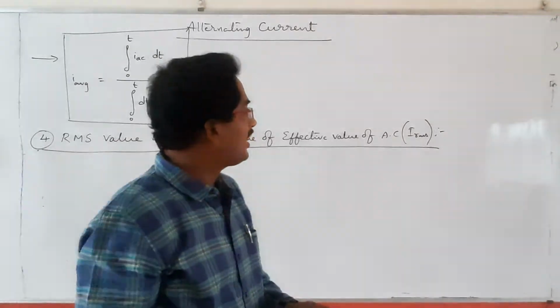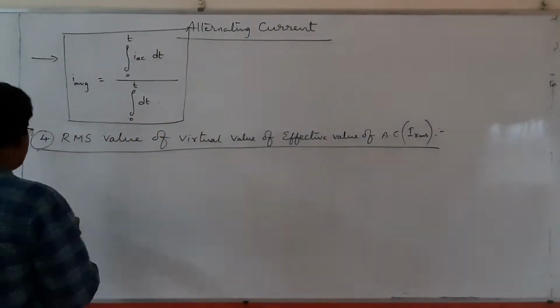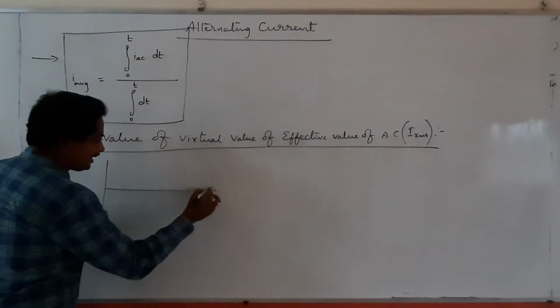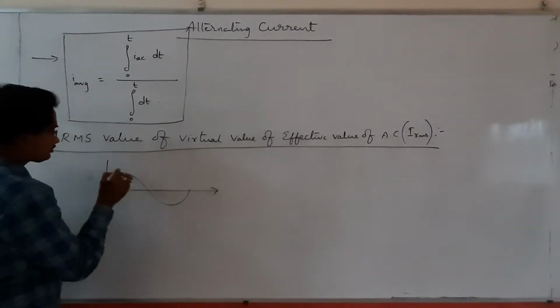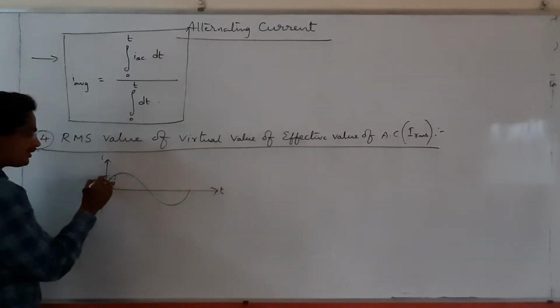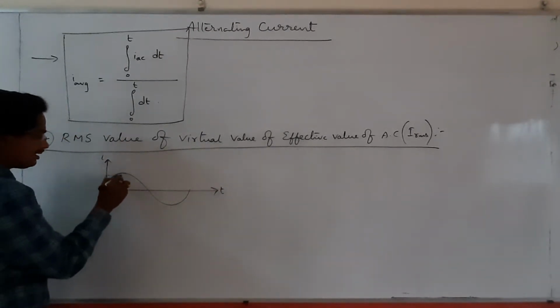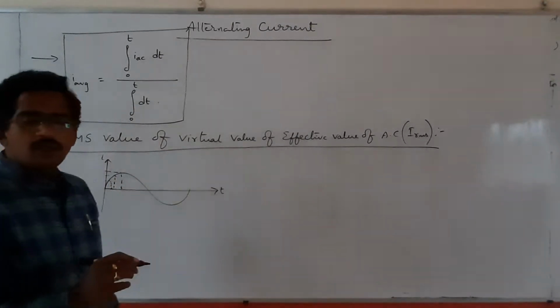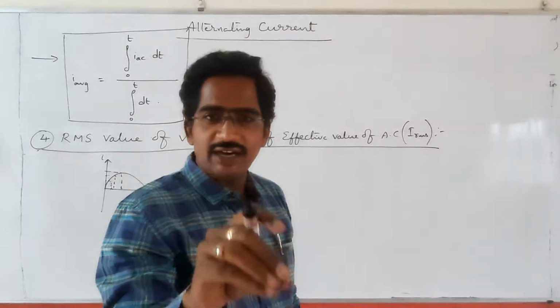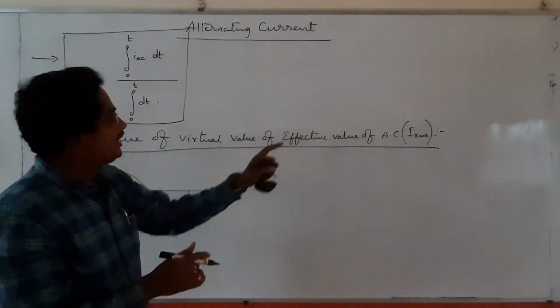Okay. So I want to write the definition for this. If you have an AC cycle, at different instances of time the current value is different. Whenever you obtain current values at different instances of time, how do we define the RMS?